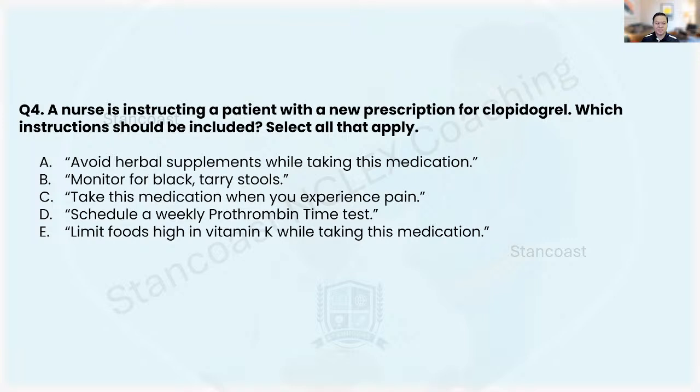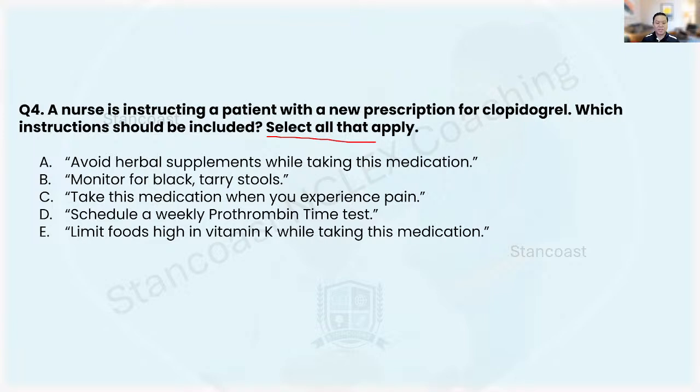Now we are going to select all that apply. Is it A, avoid herbal supplements while taking this medication, or B, monitor for black tarry stools, C, take this medication when you experience pain, D, schedule a weekly prothrombin time test, and then there's also E, limit foods high in vitamin K while taking this medication.